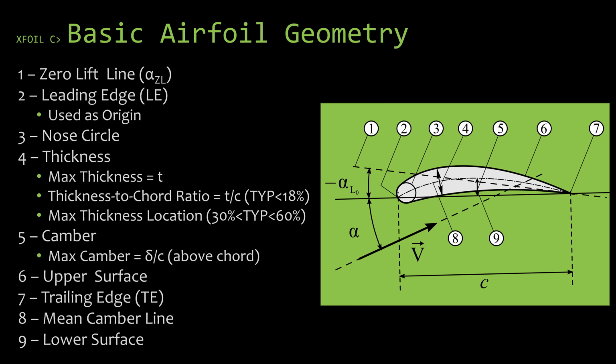And it's actually, yeah, camber's number 5. It looks like the image isn't very clear up between 5 and 9, but 5 is actually pointing to that line with the 2 arrows on the end. 9 is actually pointing to the lower surface of the airfoil. Now the upper surface and lower surface is just the surfaces that are the shape.